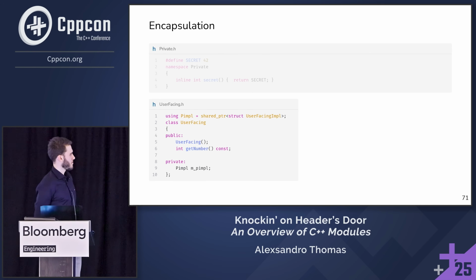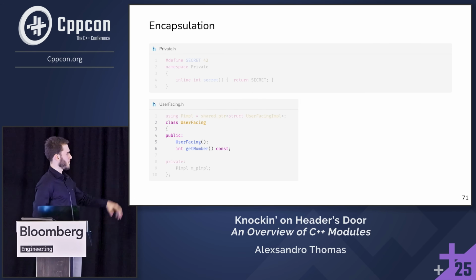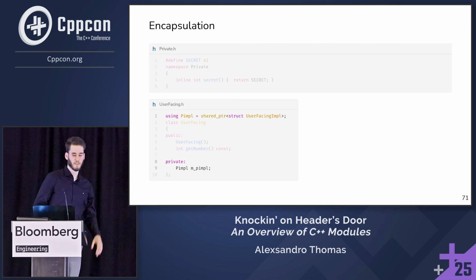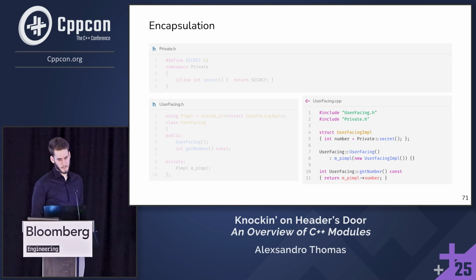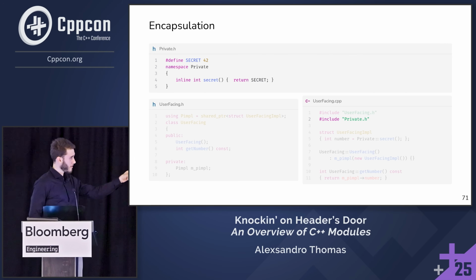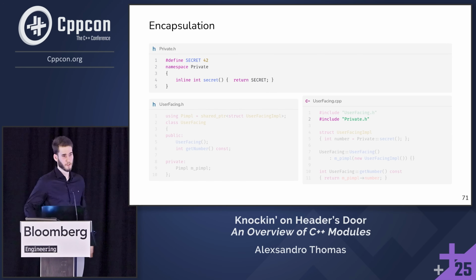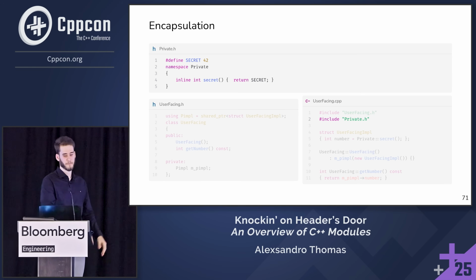Whenever we're using this user-facing.h file, we can just create a user-facing class that has this getNumber function and then some Pimpl structure. And then in your user-facing.cpp, here you can actually import this private.h header. And the user will not really be able to see it because it doesn't cross the header boundary.